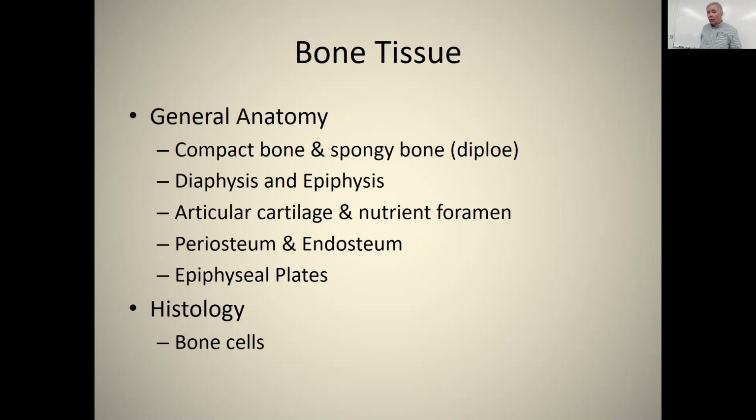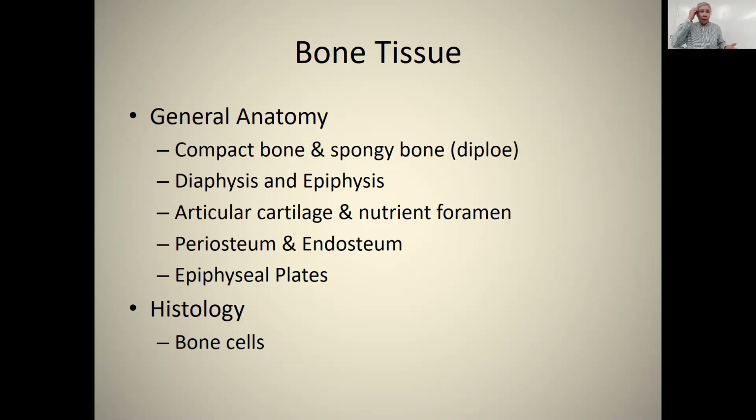Diaphysis and epiphysis. So the diaphysis is the middle of the long bone. Epiphyses are the ends of long bones. Articular cartilages. The ends of bone are coated in cartilage, articular because it forms joints.